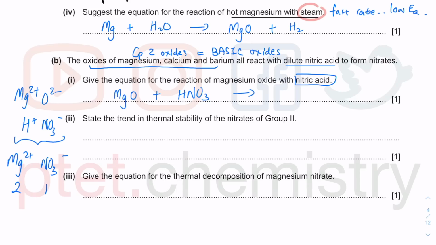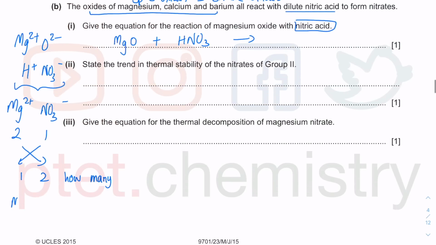The 2 and the 1 are the valency based on the charges of the ions. When you do the lowest common multiple, that tells you how many of the ions you need: 1 Mg2+ and 2 NO3-, based on the exchange of valency.